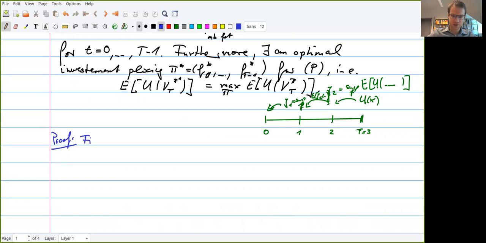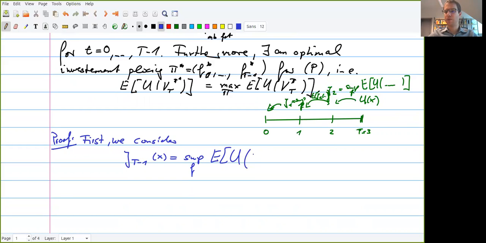First, as in the picture, we consider J_{T-1}(x), which is just the maximum over my possible decision rules of the expected utility of the terminal wealth I can generate if I have the capital x at time T-1.